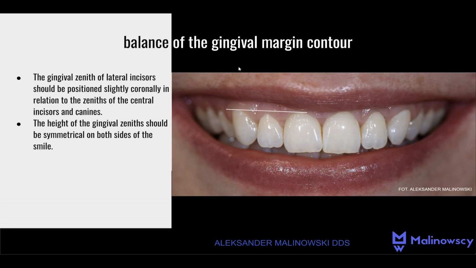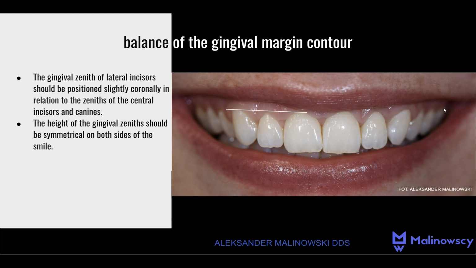Let's talk about balance of the gingival margin contour. The key is the fact that the lateral incisor should be a little bit shorter than the central incisor and the canine. And the height of the gingival zenith should be symmetrical on both sides of the smile.